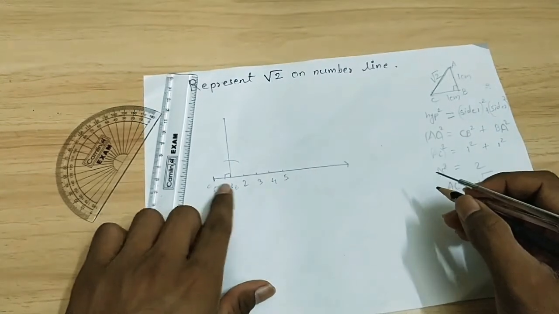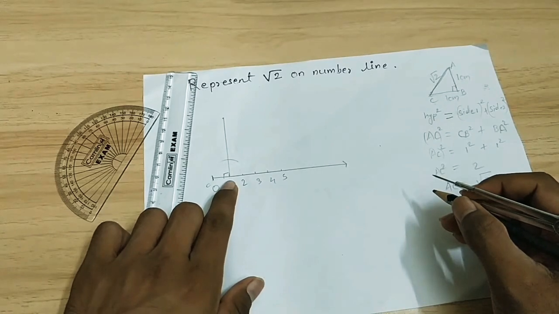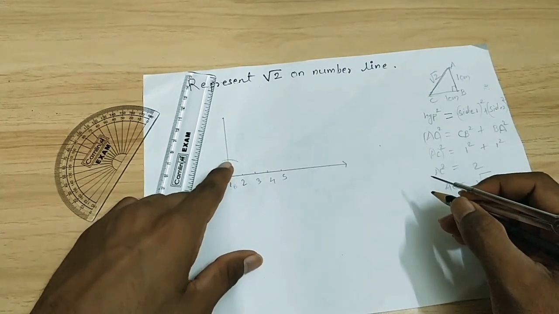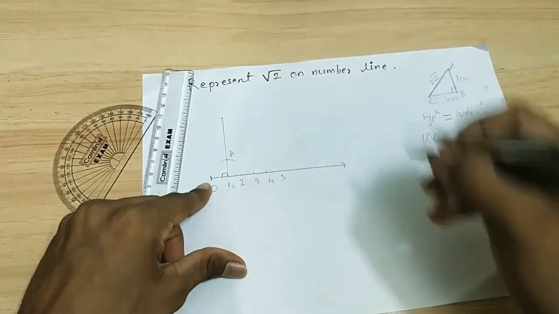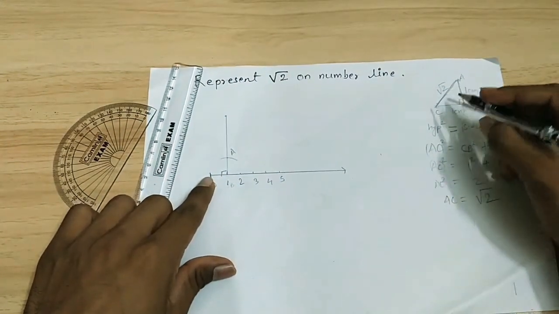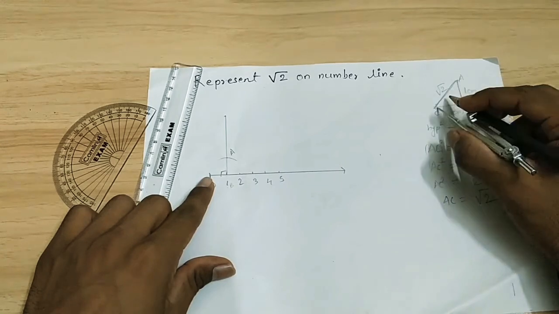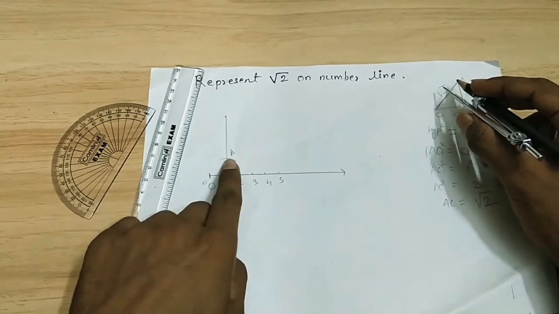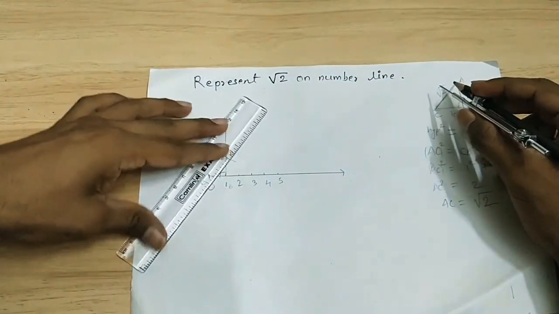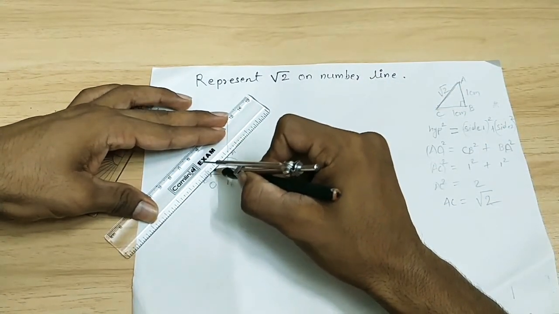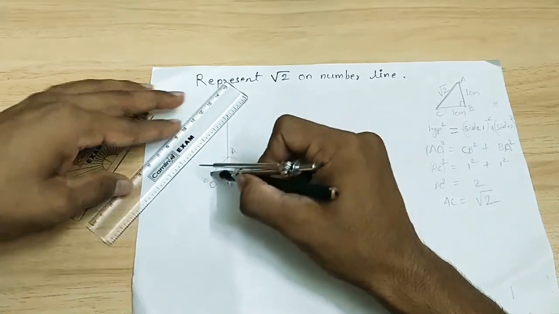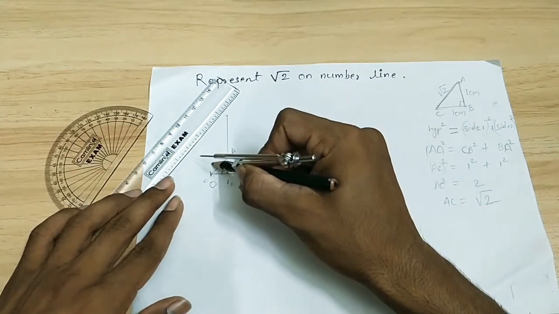As you can see, I have a base of 1 centimeter, height up till here as 1 centimeter. I'll take this point as A. Now I want this to be root 2, right? So if I join this line over here, I will get root 2. So from 0 to 1, this hypotenuse is root 2.